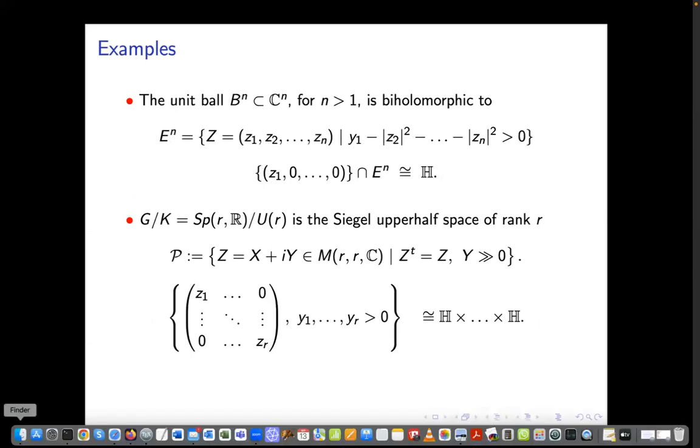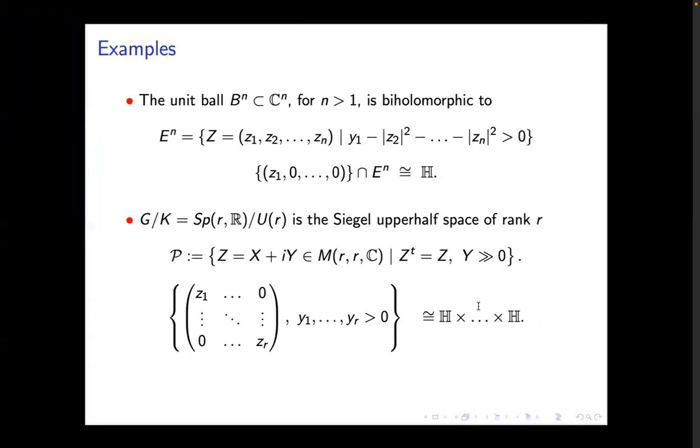So we show two examples. If we have, for instance, the unit ball in Cn, we know that if n is equal to 1, as we already said, the unit disk goes onto the upper half plane of C. If n is greater than 1, then this unbounded model is not a tube domain, but it is exactly this, for example: the points where the imaginary part of w minus the modulus squared of z is greater than 0.